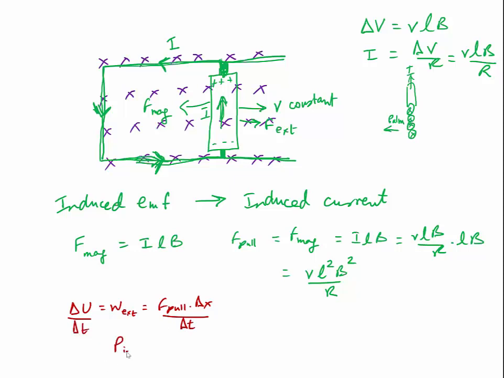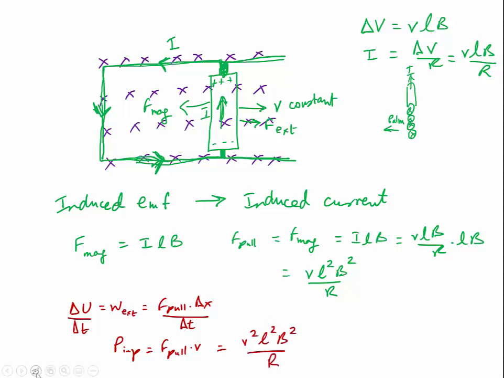So this would be power input of how much potential energy I'm putting in per second. That'll be equal to F pull times delta X over delta T, which, by the way, you know is just V, the speed. So this becomes F pull times V. So we had an expression here for F pull as V times L squared B squared over R. So this simply becomes V squared L squared B squared over R.